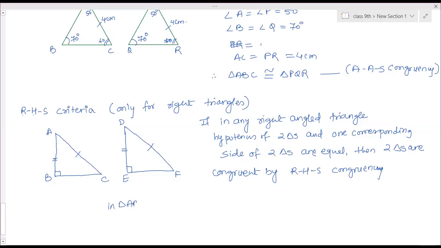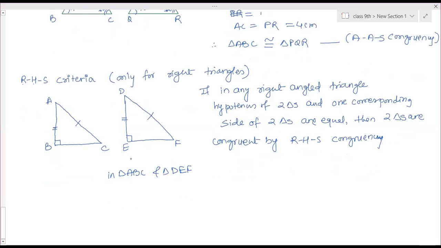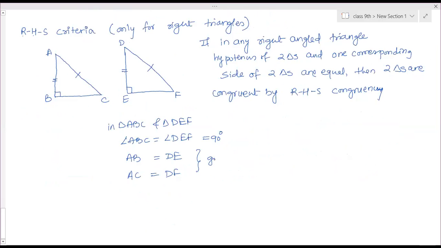In triangle ABC and triangle DEF, angle ABC is equal to angle DEF, both of them 90 degrees. AB is equal to DE. AC hypotenuse is equal to DF. If they are given as equal, then triangle ABC is congruent to triangle DEF by RHS congruency.